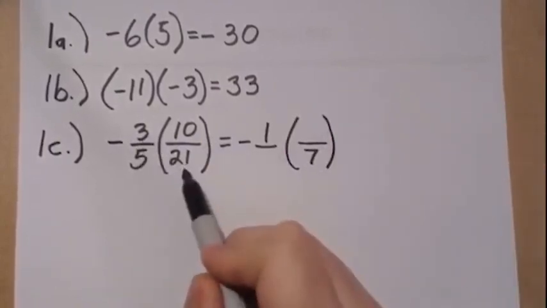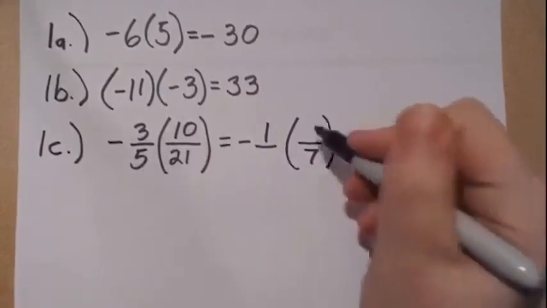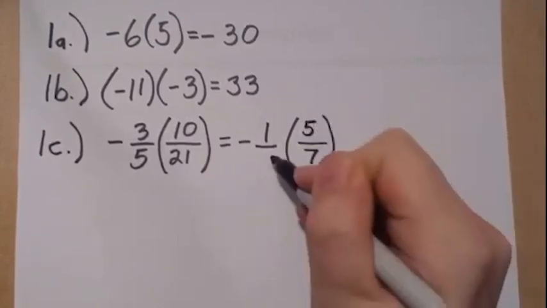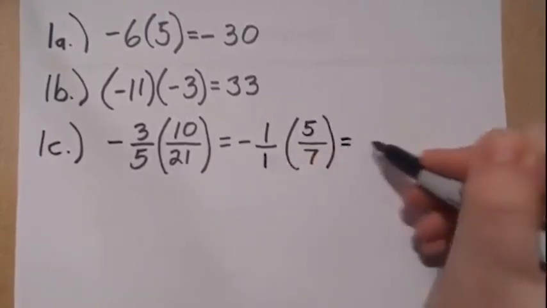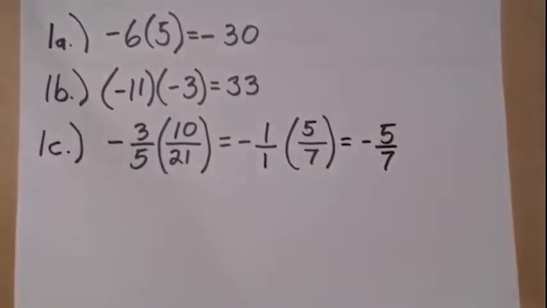Both the 3 and the 21 can be divided by 3. And our 10 and 5 can both be divided by 2. So our answer is negative 5/7.